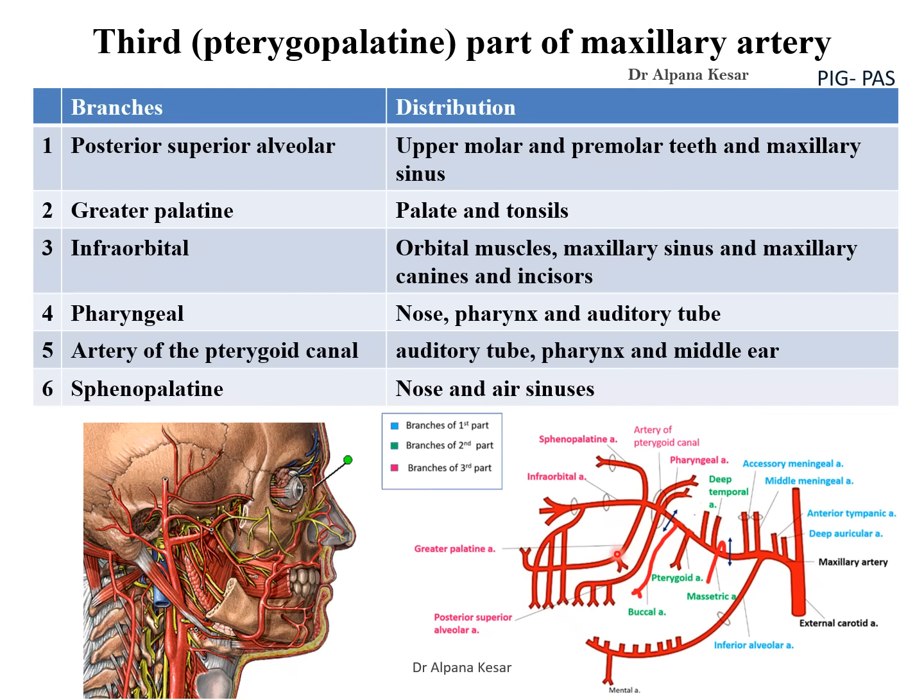Greater palatine artery, which supplies palate and tonsils. Infraorbital artery accompanies infraorbital nerve and supplies orbital muscles, maxillary air sinus, and maxillary canines and incisors.